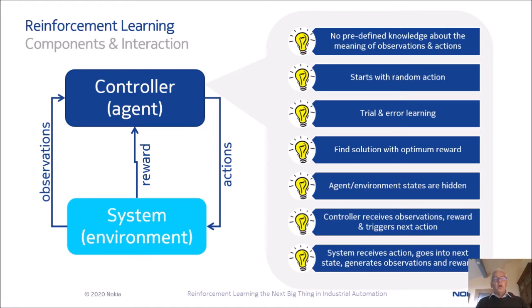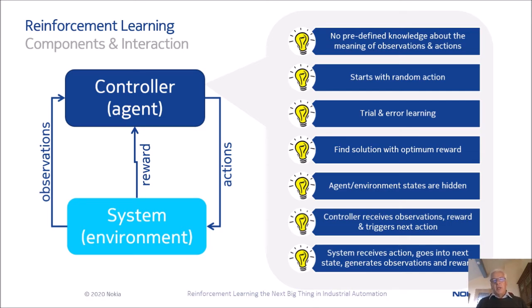Reinforcement learning has the idea of having a controller, which is an independent agent, and a system, which represents an environment. Those two entities communicate with each other, whereas the system generates observations, state information, and also reward information, and sends this to the controller.